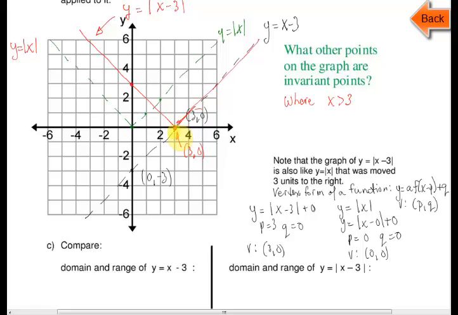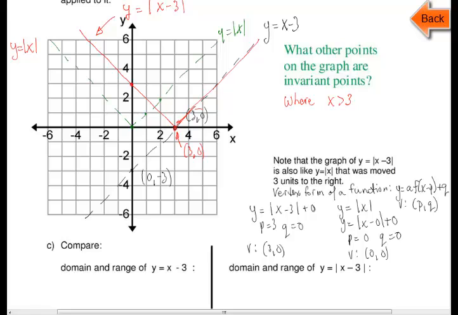Okay, we know that already. Let's take our y equals absolute value of x function, write it in the same form, so we're going to put in 0 for p and 0 for q, and the vertex is at 0, 0. So you can see that this vertex 3, 0 is shifted 3 units to the right from this vertex. Okay?